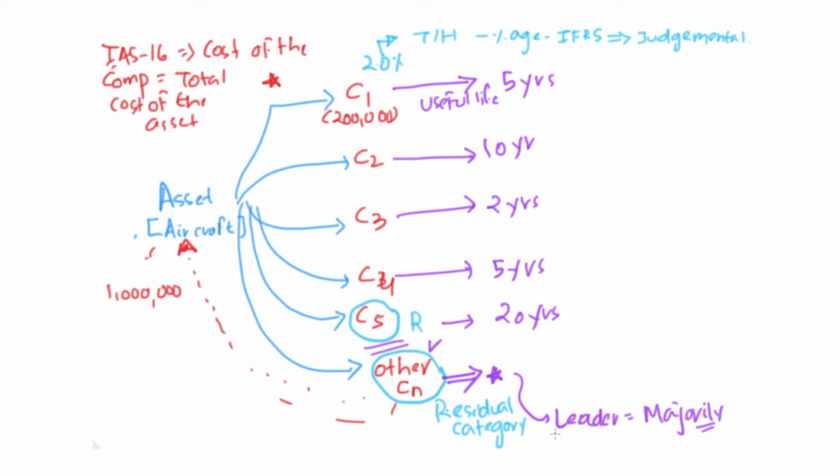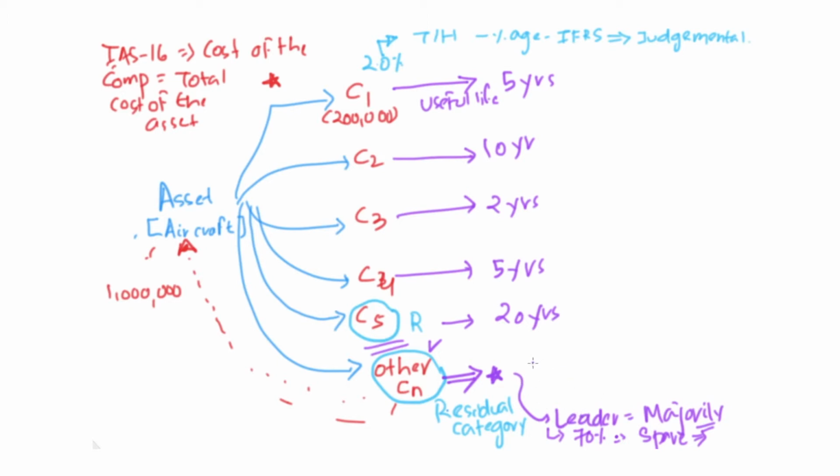For example, if the other category includes spares, parts, lubricants, and everything, and suppose one of them, the spares, contains 70% of the total cost of the other components which are not able to get allocated, then in such a case we will assume that the spares represent the entire population and we will choose it as a leader, and we will depreciate the entire other components based on the useful life of spares.